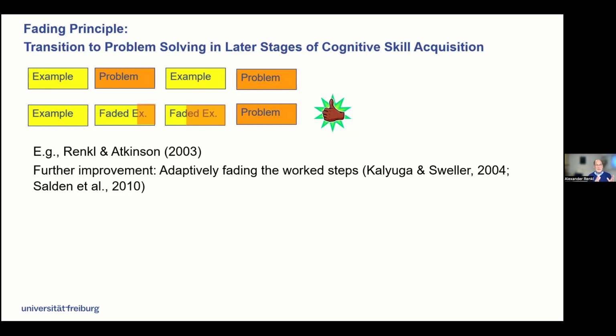That's a way that we really try to tailor the worked-out example methods to the student's knowledge level, so that it goes in the right way to problem solving, depending on how fast they are proceeding in skill acquisition. We go faster to problem solving if they proceed faster in skill acquisition. If they proceed slower, they study more worked examples.